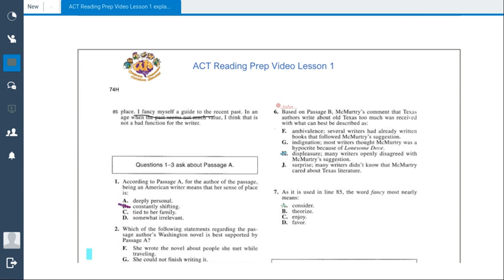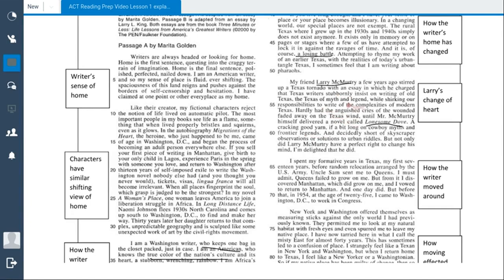Number 6, based on passage B, comments that Texas authors write about old Texas too much was received with what can be described as, and then here they're talking about how they stubbornly try to write about old Texas, and he wanted to write about the complexities of Texas.